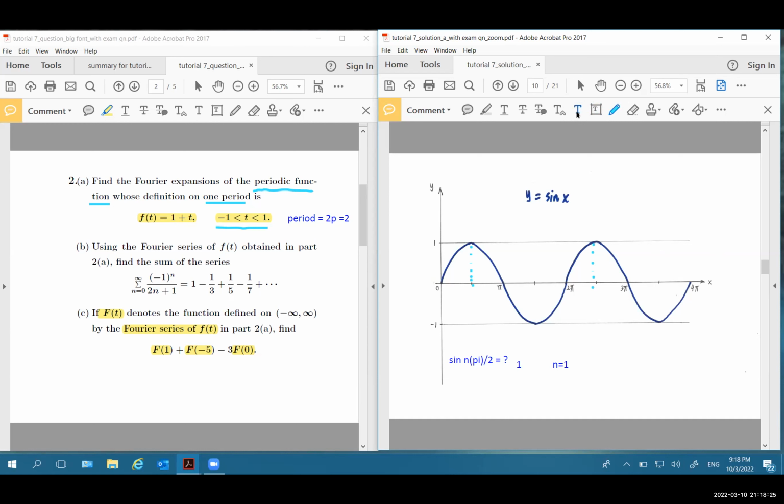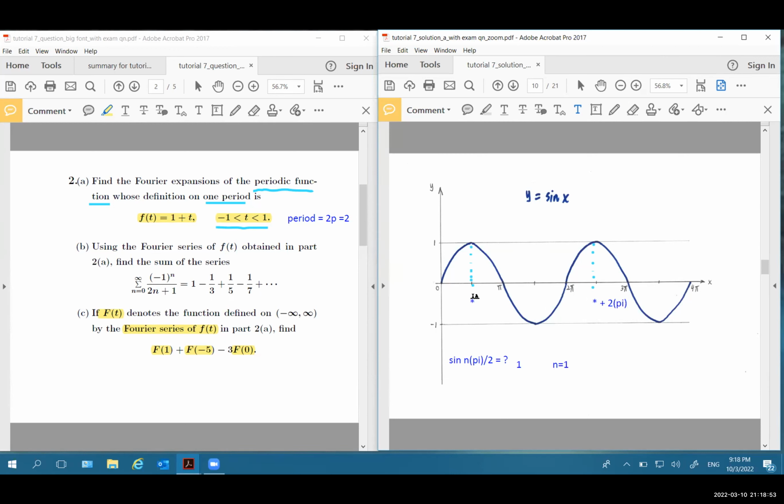Whatever this value is, maybe I call it star, then this value here will be star plus 2 pi. That's the meaning of periodic.